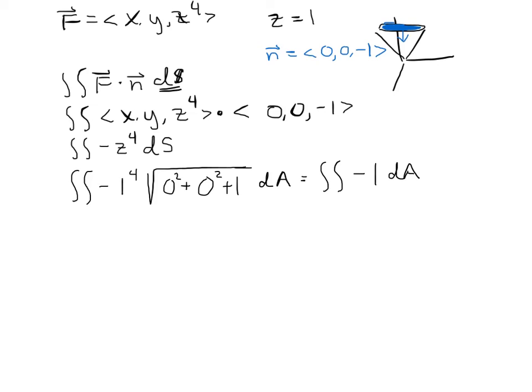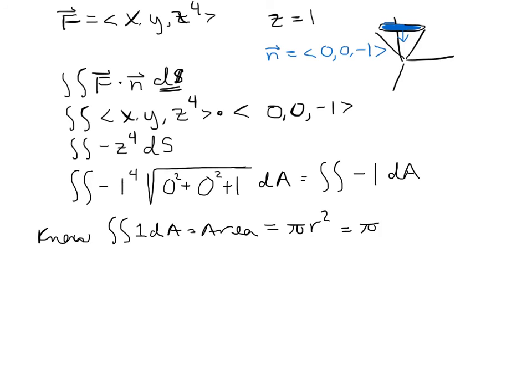Now to the bounds. For the bounds, we're once again looking at the same exact circle in there. I can use the fact that the double integral of 1 dA is area. And in this case, my area would be pi r squared, and in this case radius is 1.